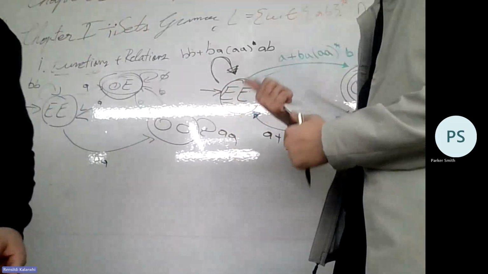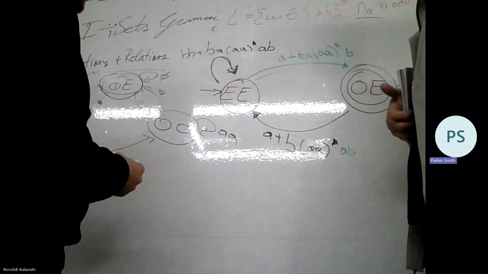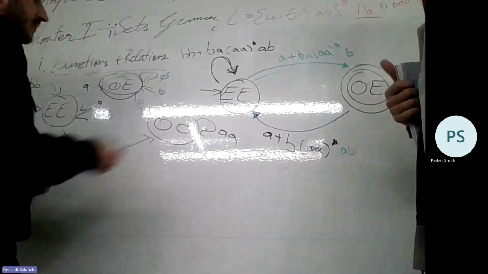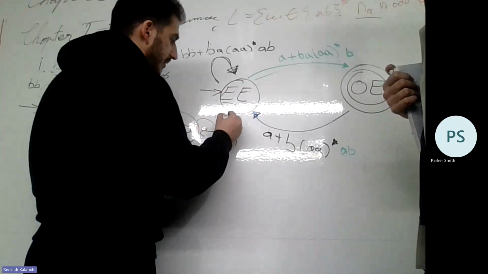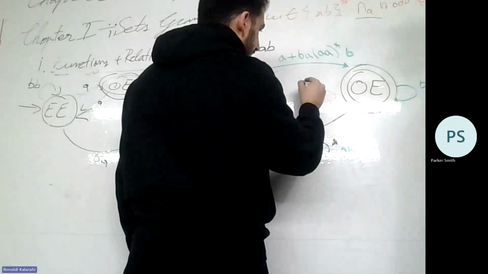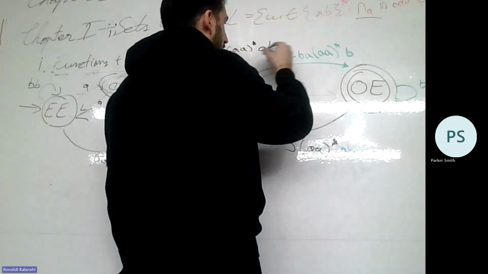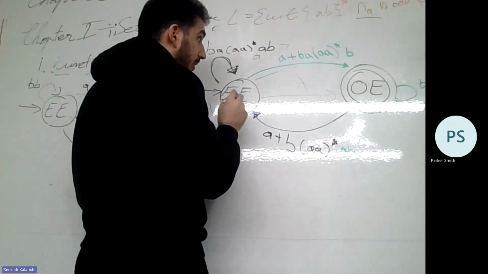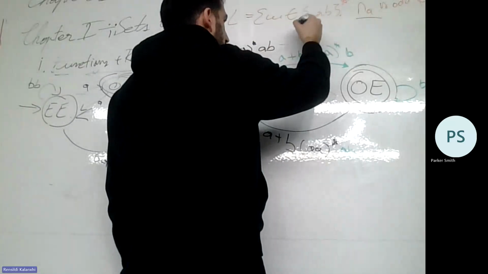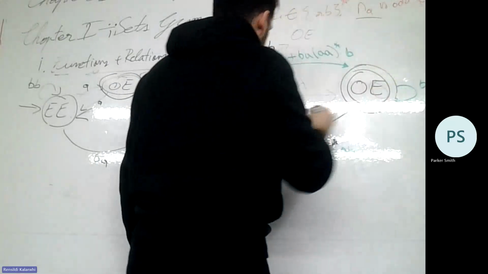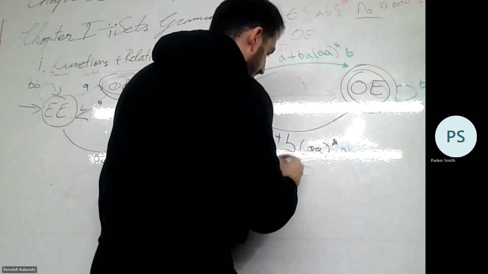There's a lambda, and we're pointing one A to EO or OE. Let's say this is OE.